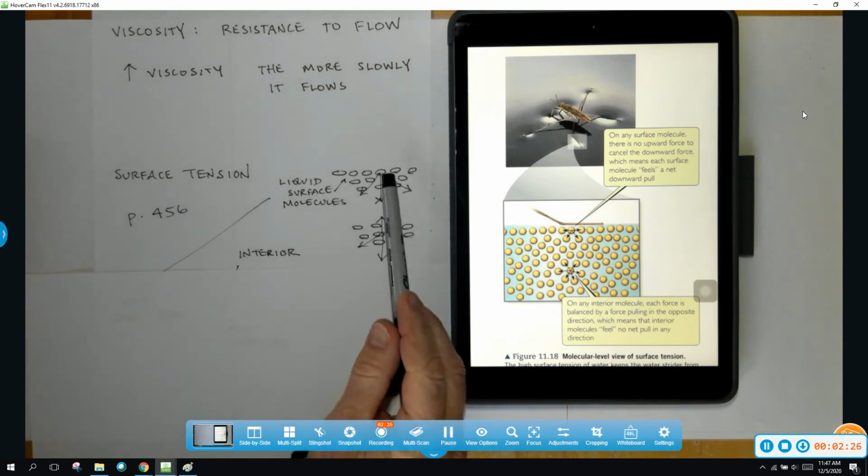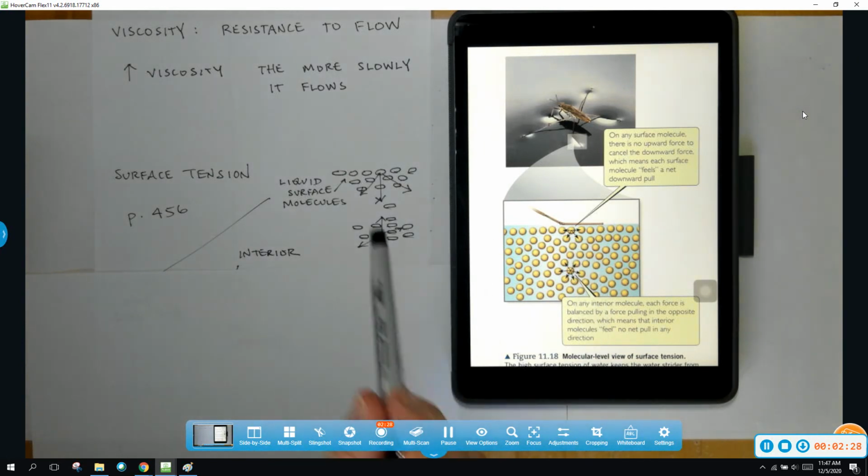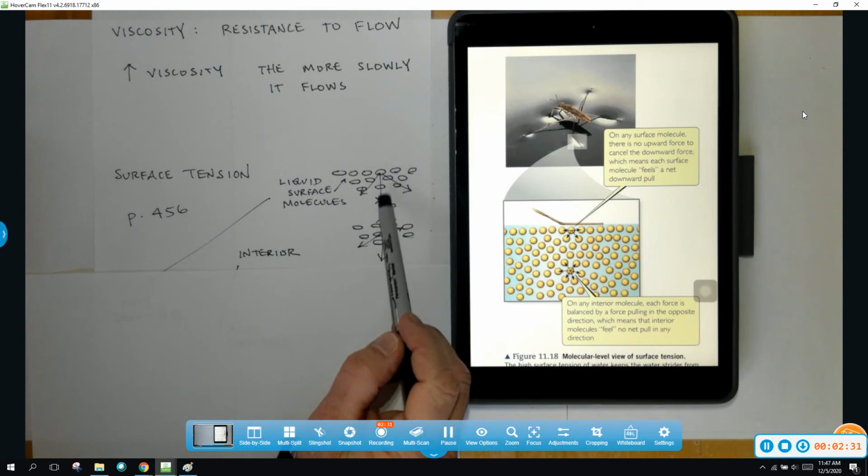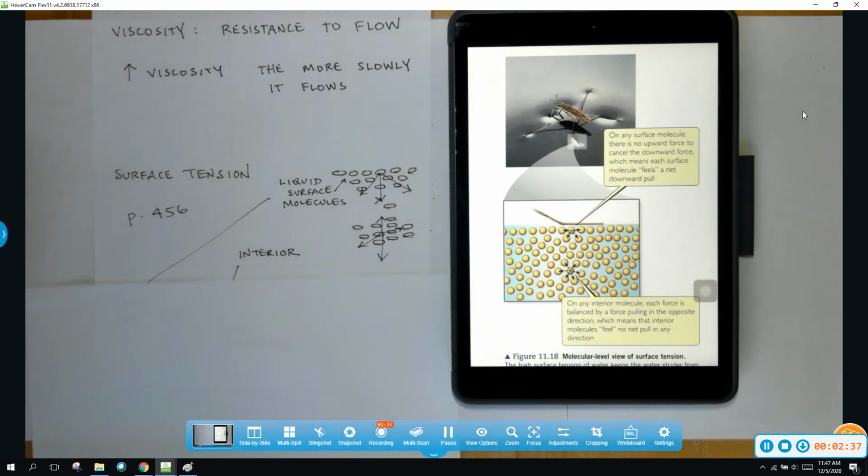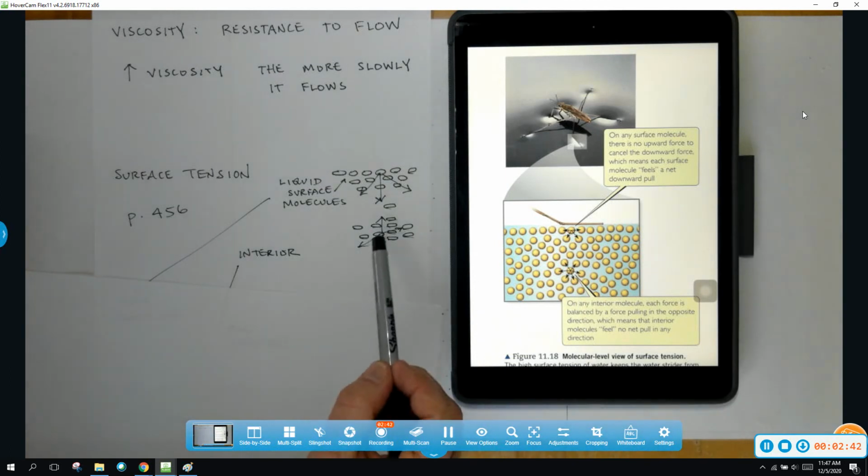And then I picked one molecule like they did right here and showed how it's only attracted down and to the sides of the liquid. Whereas a molecule in the interior portion of the liquid would be attracted in all directions: left, right, top, bottom, side, side.